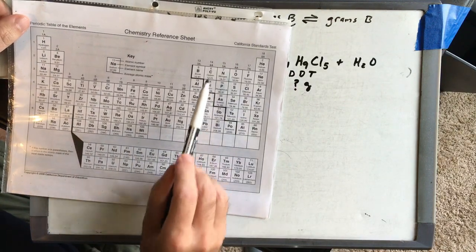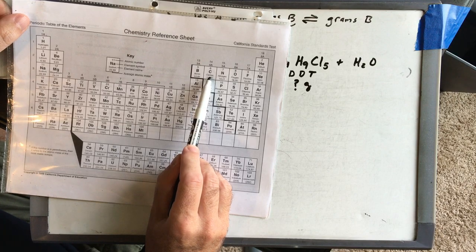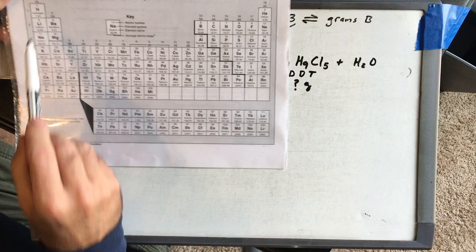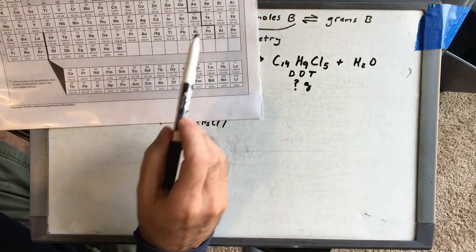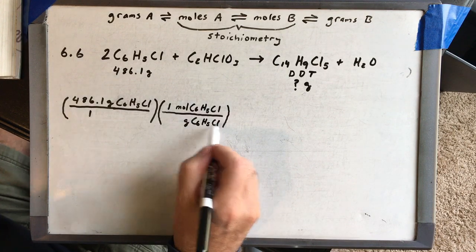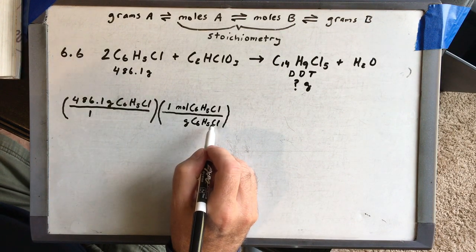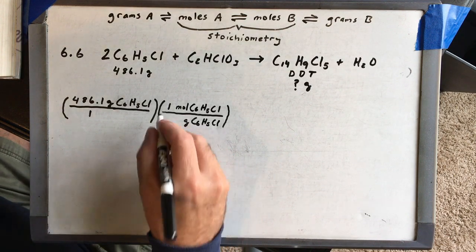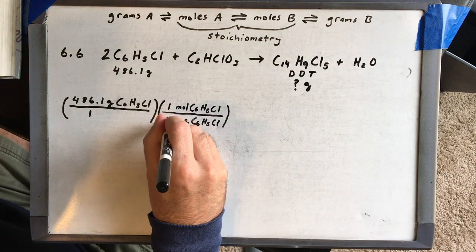So we've got 6 carbons, so 6 times 12. I've got 5 hydrogen, 5 times 1, and then 1 chlorine, and chlorine is 35.5. So if you add those up, you're going to get a molar mass of 112.5 grams.